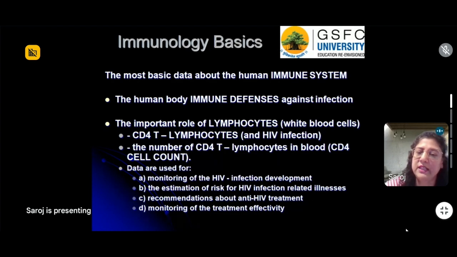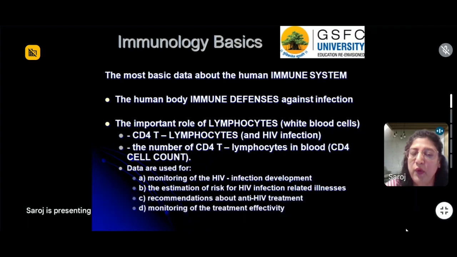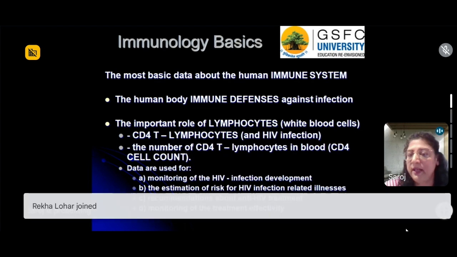And in the context of HIV infection, not only are CD4 T lymphocytes important, we're also going to discuss the number of CD4 T lymphocytes in the blood, which we call the CD4 cell count. Why? Because this CD4 cell count is very important for monitoring how HIV infection is developing over a period of time.